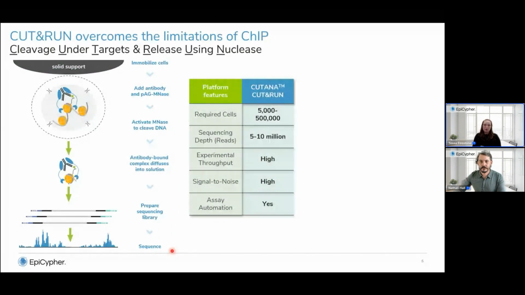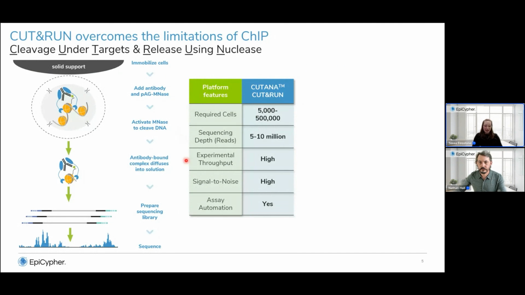CUT&RUN offers improvements in throughput, sensitivity, and cost over ChIP. Some highlights include the required cells. Each reaction starts with 500,000 cells, which can go down to 5,000 cells depending on the target. There is also lower sequencing cost. CUT&RUN data only needs a fraction of the reads compared to ChIP, a total of 5 to 10 million reads per reaction.